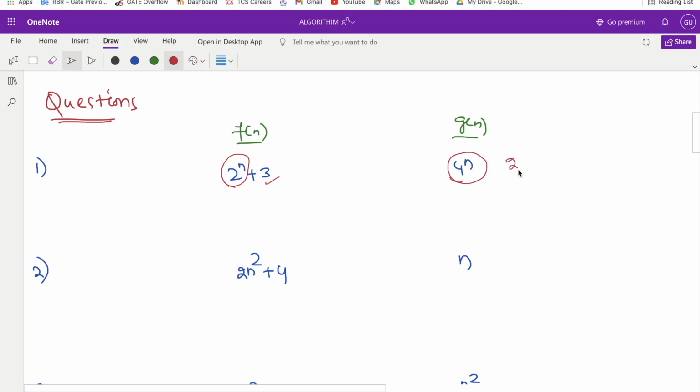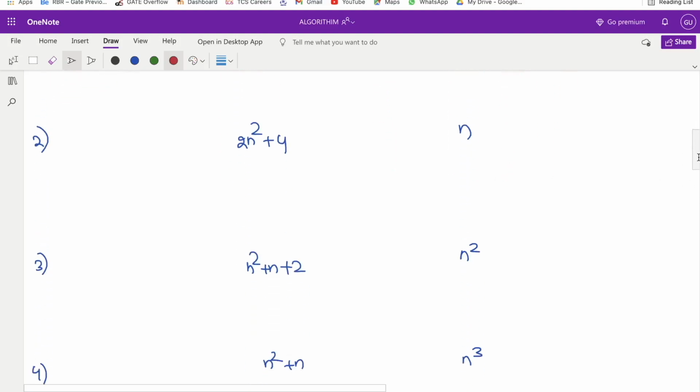So I can write it as 2 power 2n. 2 power n plus 3 must be less than or equal to 2 power 2n, because here the exponent is n and there it is 2n, so this will be greater. Can I write it through theta? Absolutely not, because both are asymptotically different. I can't write that 2 power n and 2 power 2n are asymptotically equal.